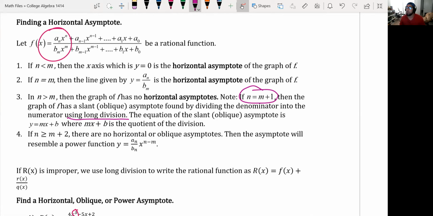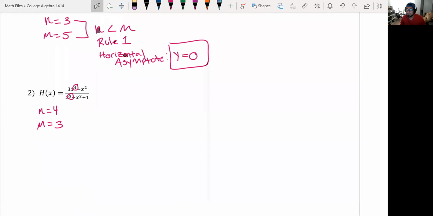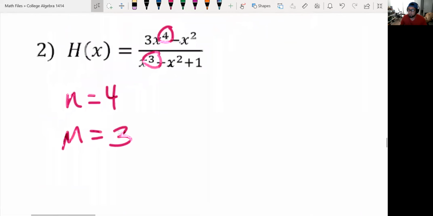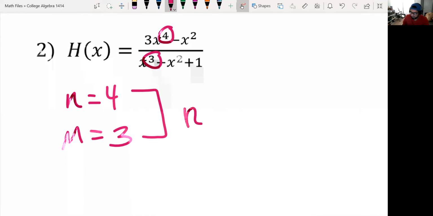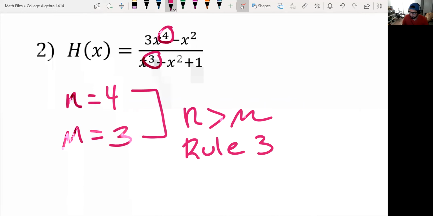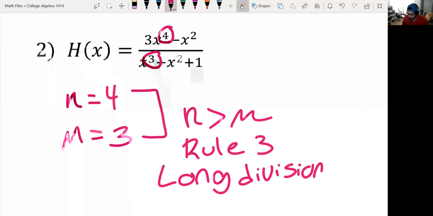Why make us go back and do long division, right? Okay, so of course I have an example for rule 3. That was the second problem there, because look, the numerator is bigger than the denominator by 1. Here, n is greater than m by 1 value. So this is going to be rule 3, which means we use long division to find our oblique asymptote.